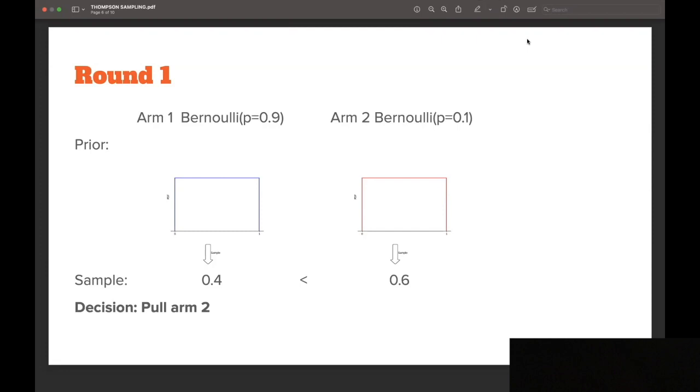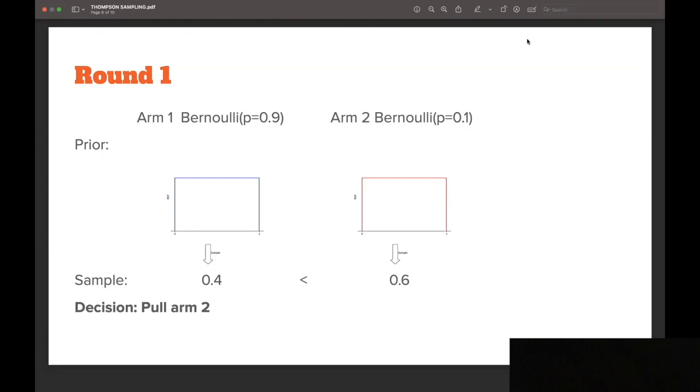Initially, since we don't have any data on these reward distributions, our posterior is the same as the prior distribution.